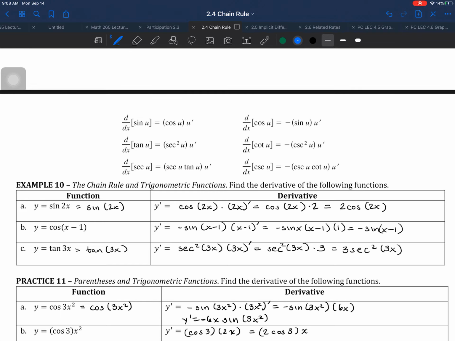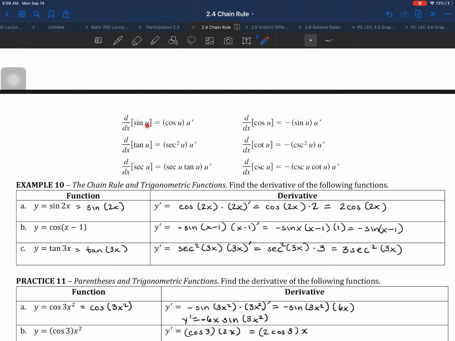Now, what we're saying here is that if you have a function inside a function, right? If u is the inside function, then what you're going to do is the derivative of the outside will be cosine, leave the inside the same, and then multiply by the derivative of u. Do you guys see that? So two things.